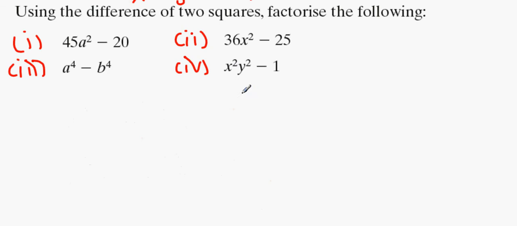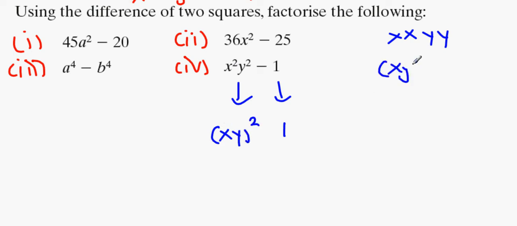Okay. Now, the next one after this. You've got to square root them both again. Square root of 1 is 1. Square root of x squared y squared is xy, which is basically going to be xy all squared, because xy squared is xy by xy, which is xxyy, which is x squared y squared.